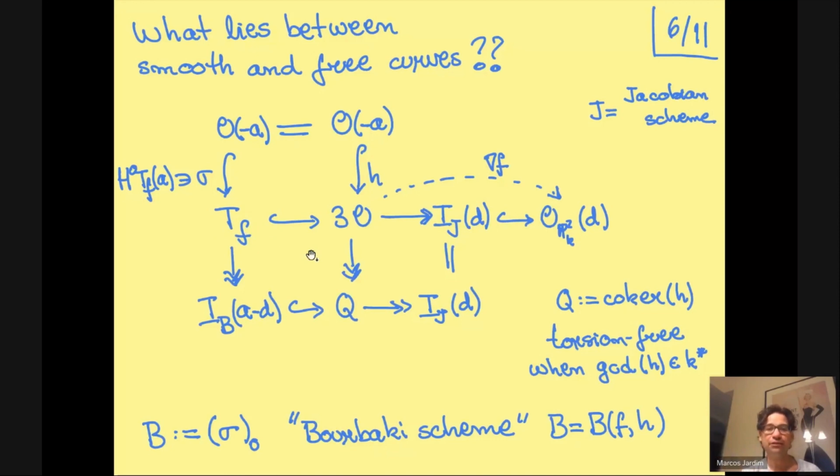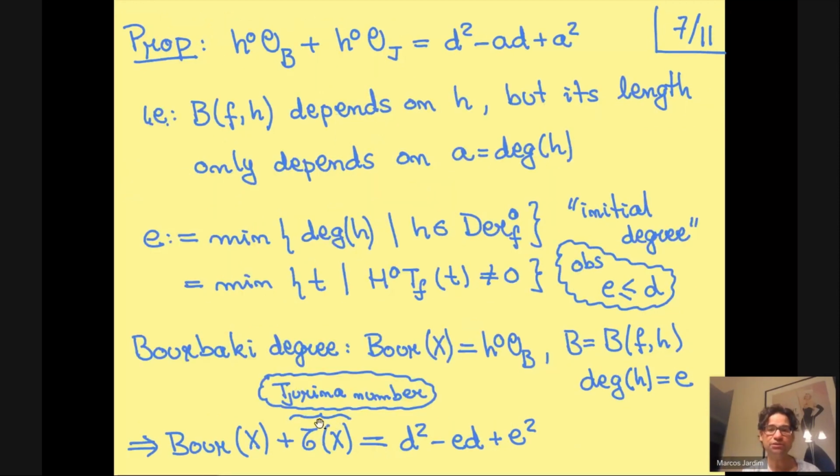And then we use this formula here, so that once the Tjurina number is fixed, the Bourbaki degree will only depend on the initial degree, and the initial degree is upper, maybe lower semi-continuous.